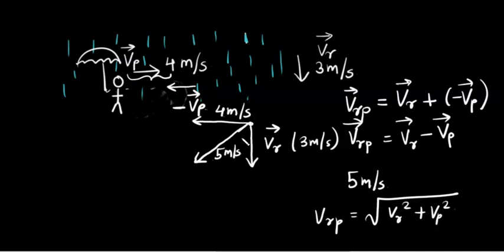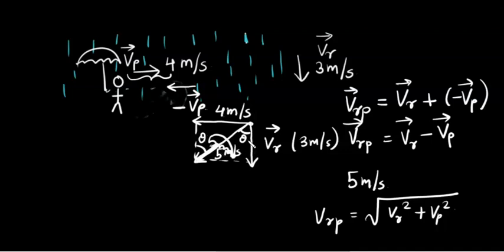But now we have to find the direction in which the umbrella will be held. Let's say this is the umbrella being held and this is its handle. The handle makes an angle theta with respect to the vertical, suppose. Then this angle will also be theta, because it is an alternate angle.